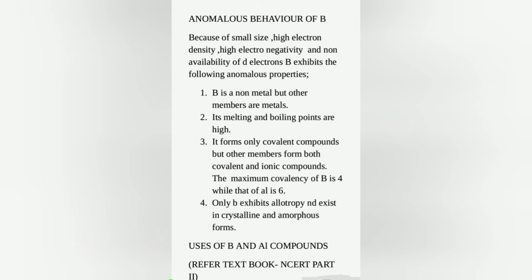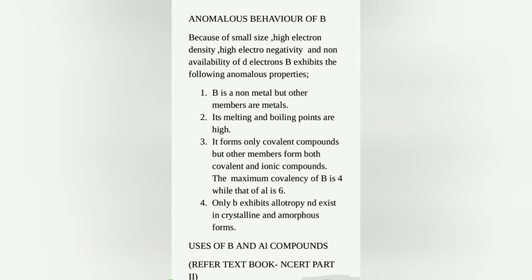Next one is uses of boron and aluminium compounds. We know boron is a hard refractory solid which possesses a high melting point, low density and very low electrical conductivity. Because of these properties, it finds many applications. Boron fibers are used for making bulletproof vests and light composite material for aircraft.